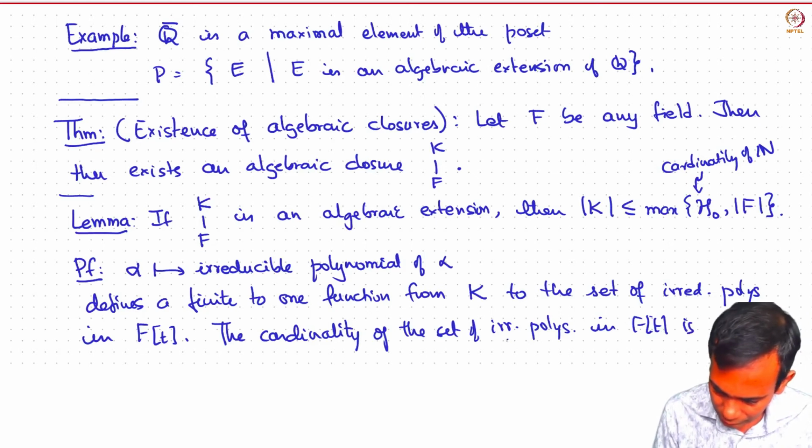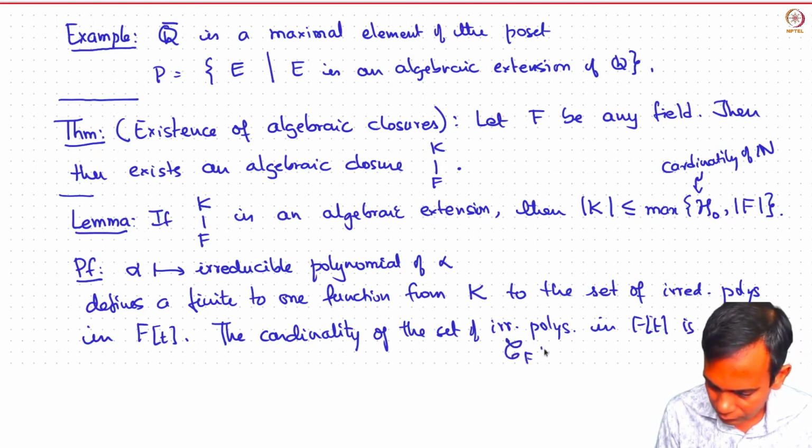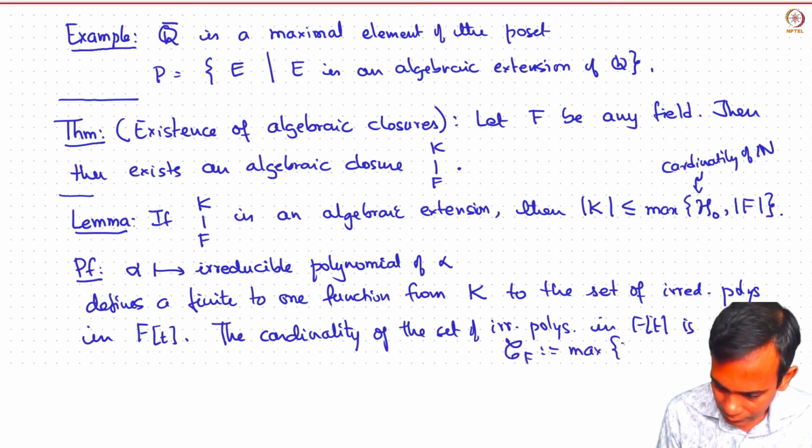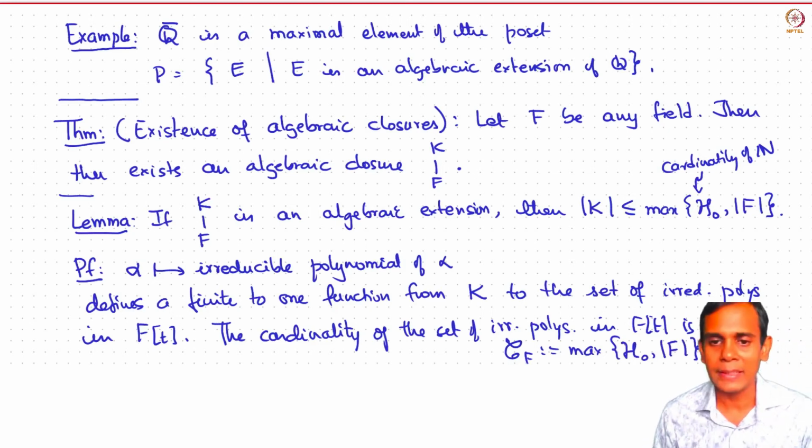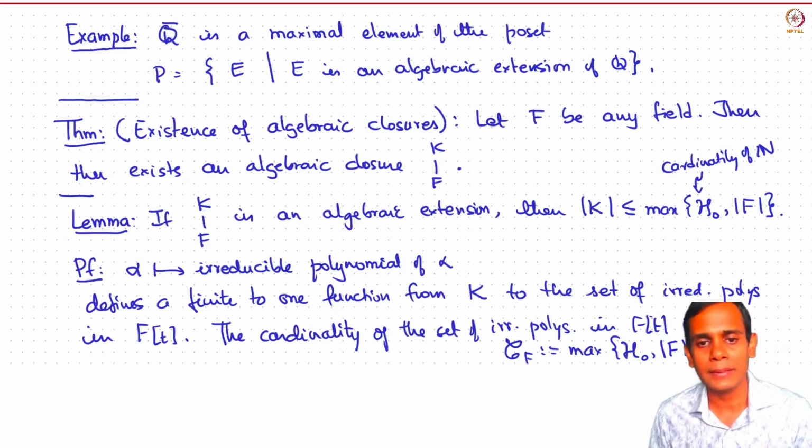I'll call it CF, the maximum of Aleph naught and the cardinality of F. So I won't give you all the details of this, just think through it. In any case, we'll just use this statement.